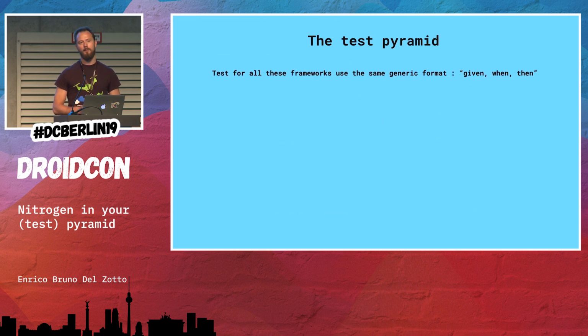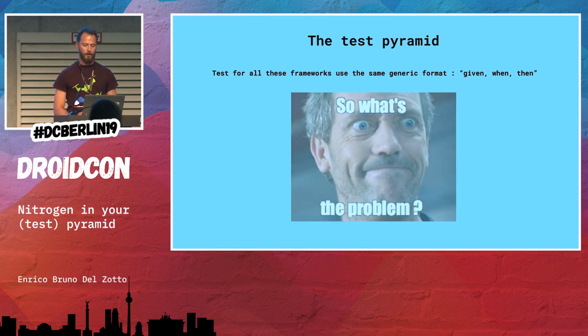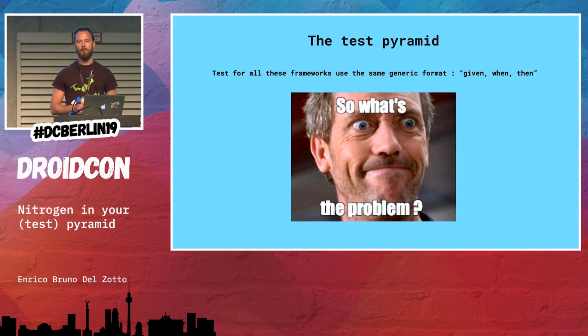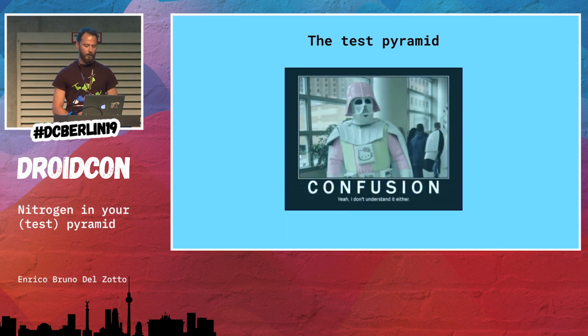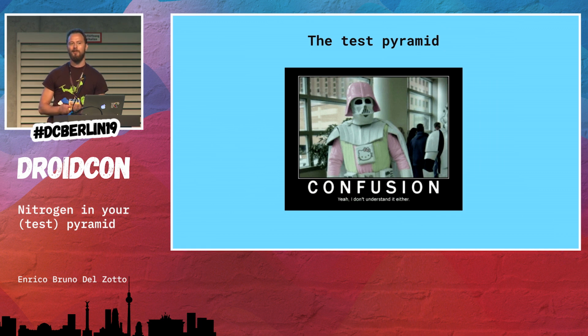The issue is that all these frameworks use the same common pattern: given a condition, you would like to test that something is happening. But what is the problem? Why use a lot of frameworks to do more or less the same thing, of course at different levels? Why should you learn different frameworks? You can face a lot of problems in this case.